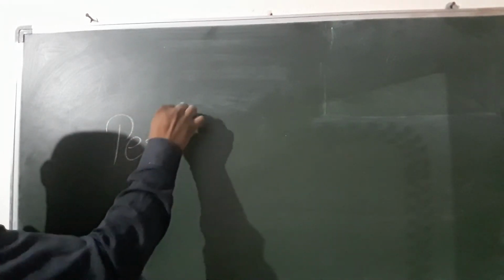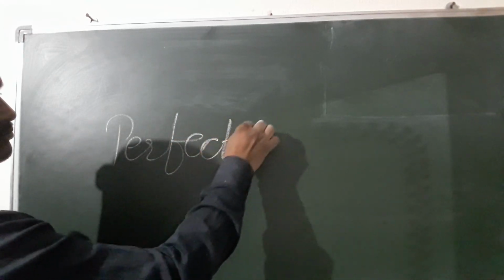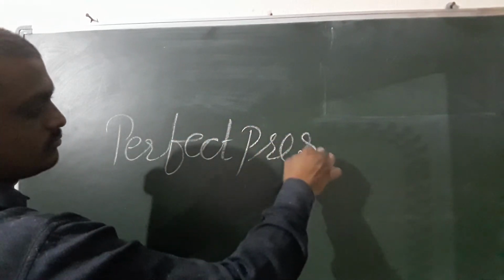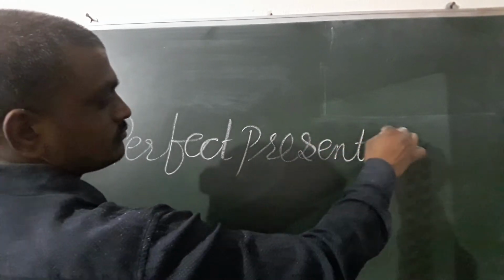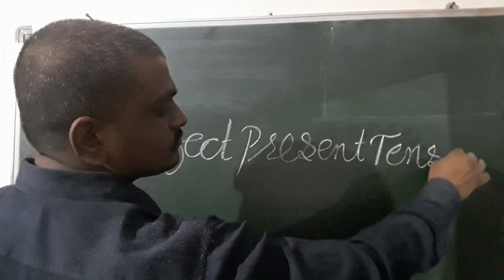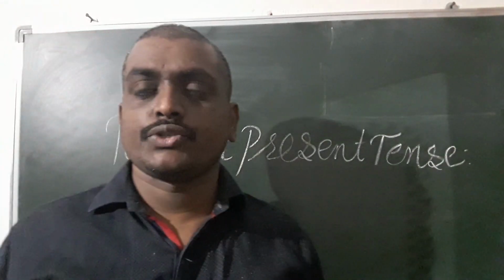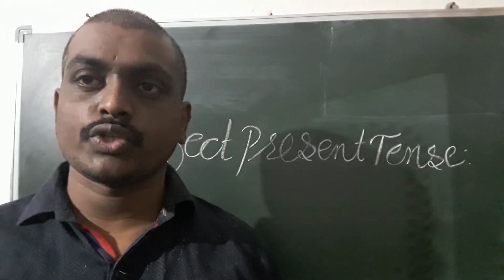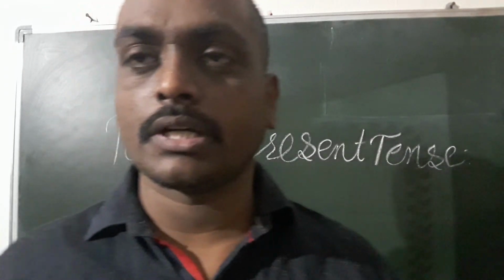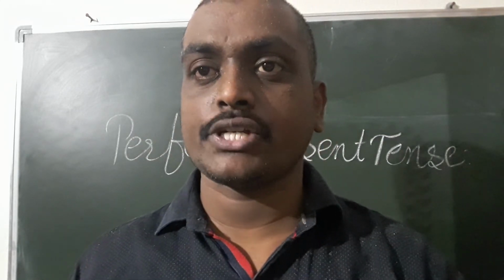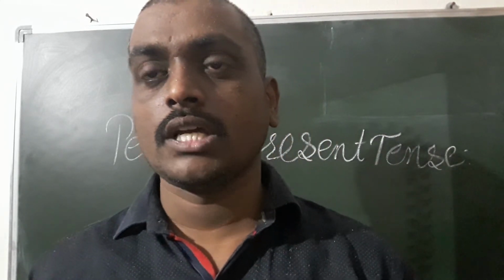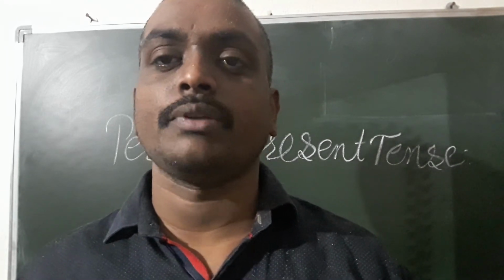Present perfect tense. For those actions which are just completed in the present, or for those actions which were already completed in the past but their memories or their impact or impressions are still in our mind, for depicting such actions we have to use the present perfect tense.